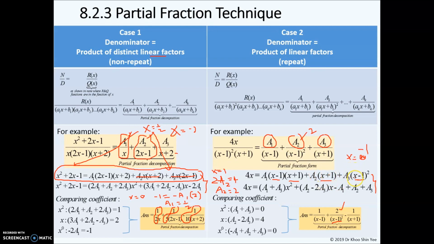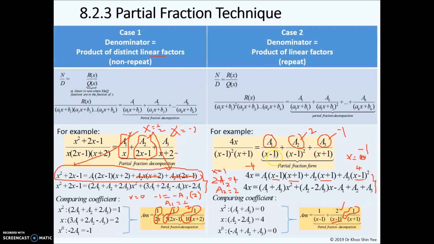When you substitute -1 here, you get -2. -2 to the power of 2, you get 4. So 4a3 equals, on the left hand side, -4. That means your a3 is equal to negative 4 divided by 4, which is negative 1. If you compare, it's the same as the result that you obtained earlier.